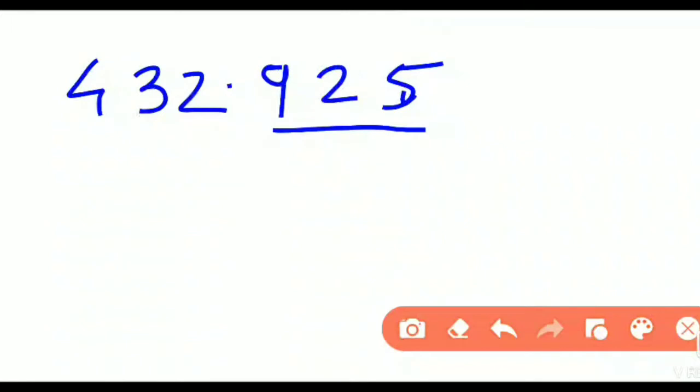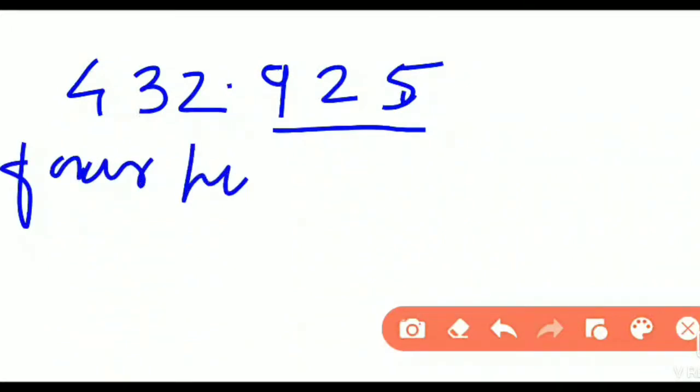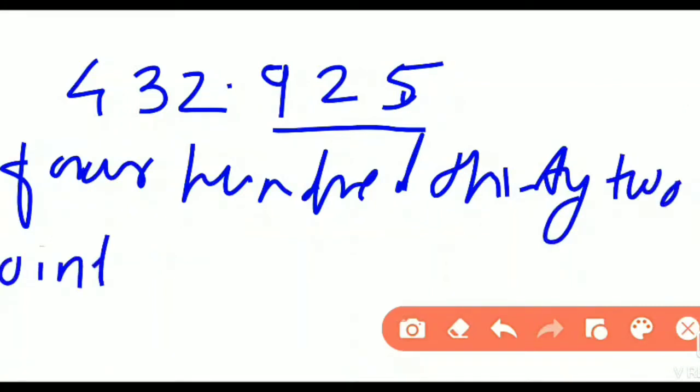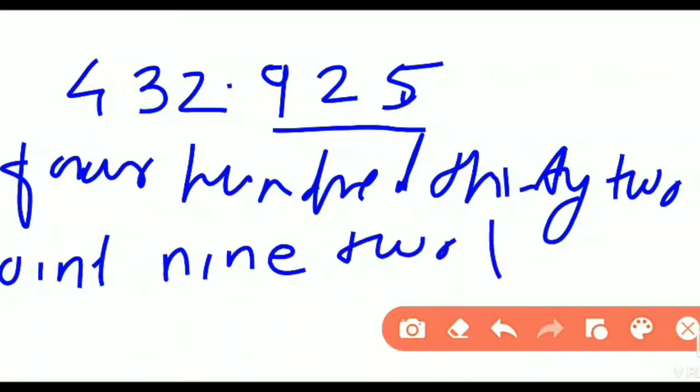How to read this? 432 point 9 2 5. If you are reading it as 925, then it is wrong.